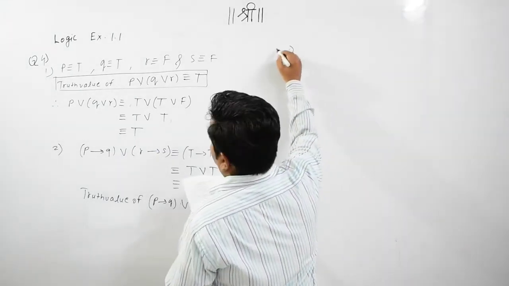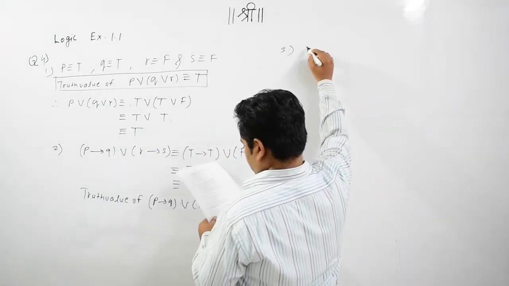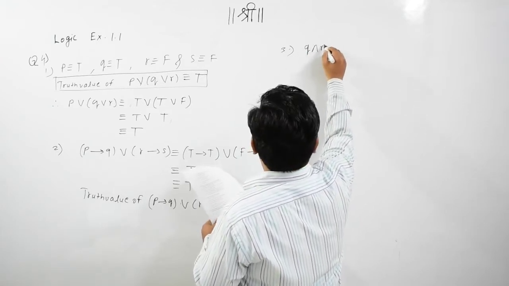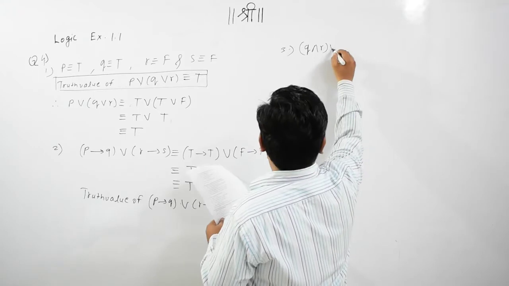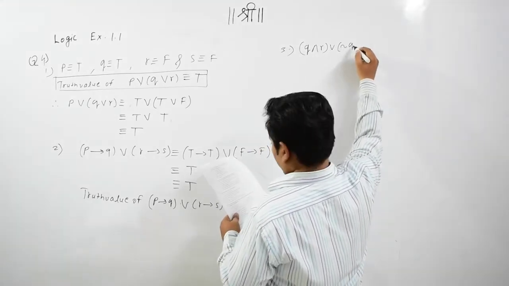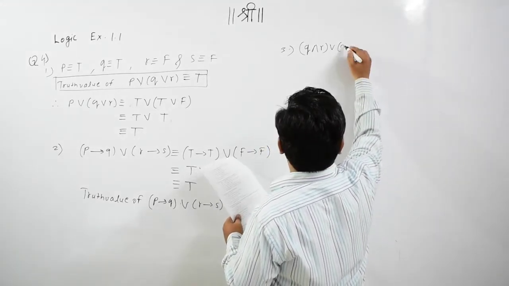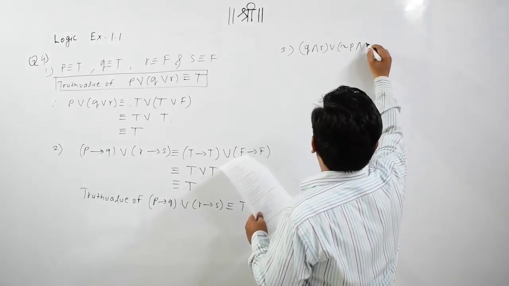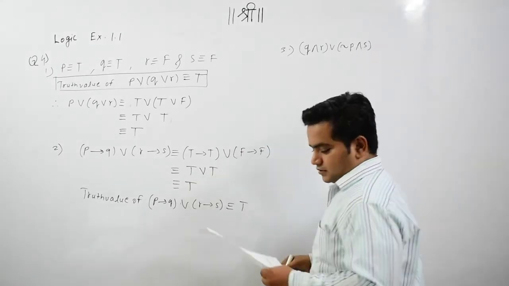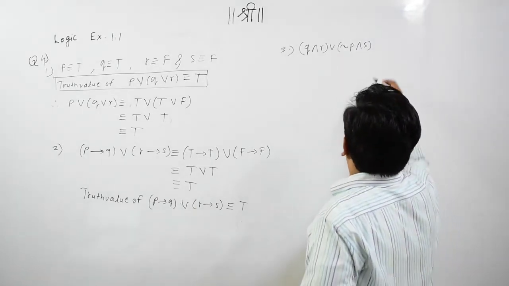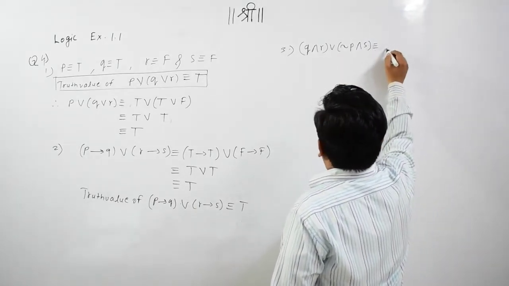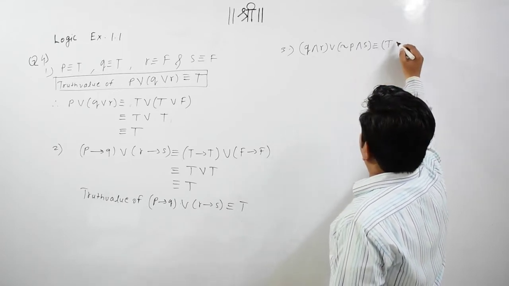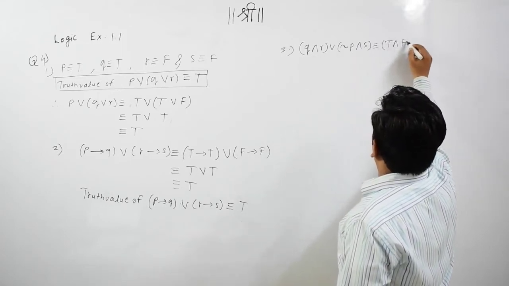So Q or R versus P. Sorry, it's negation of P and S. Okay, very interesting question. So this has some equivalency. Just check it. Q is true, R is false.